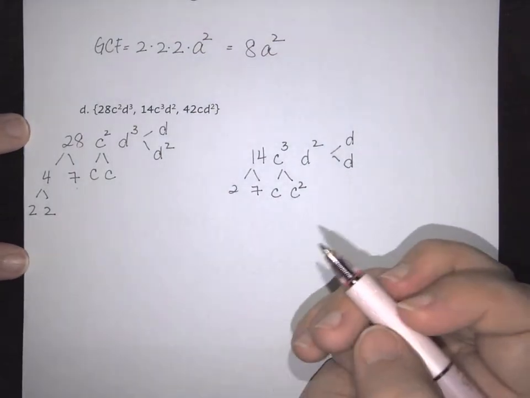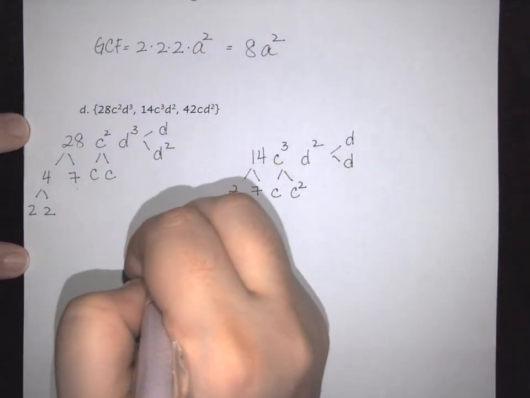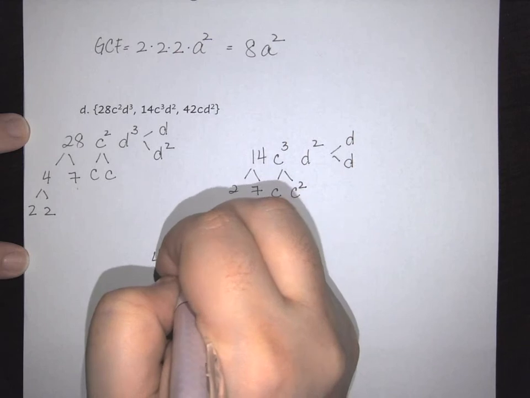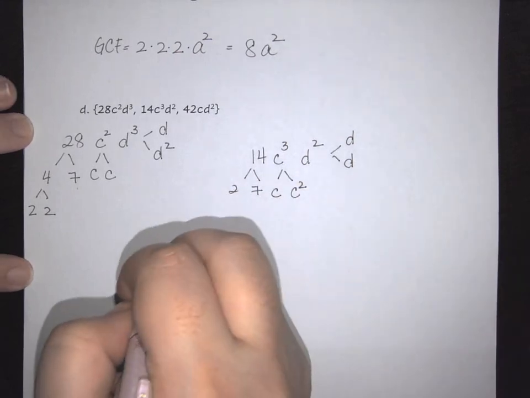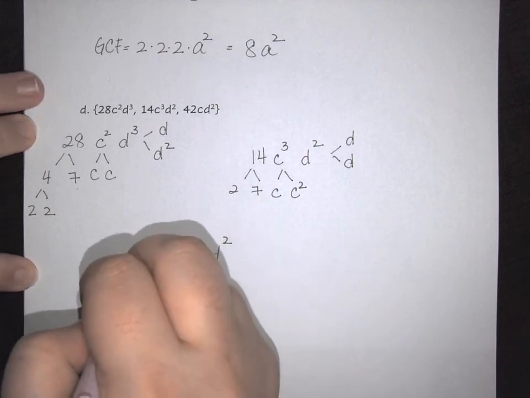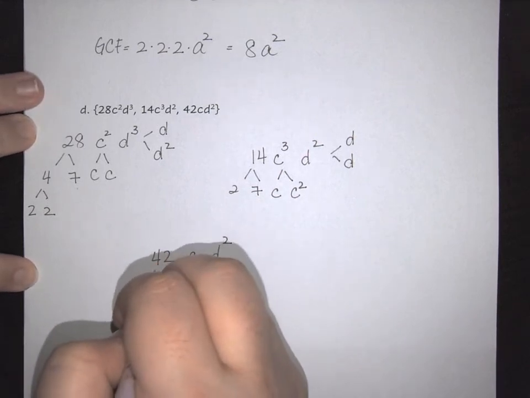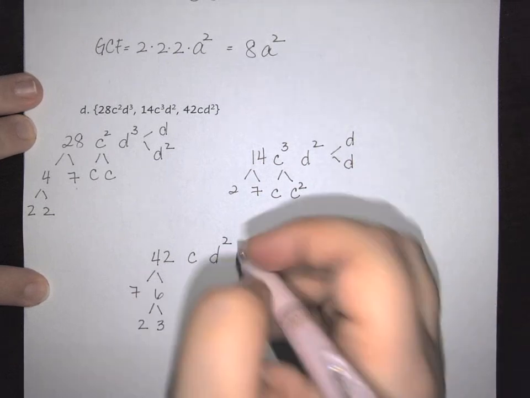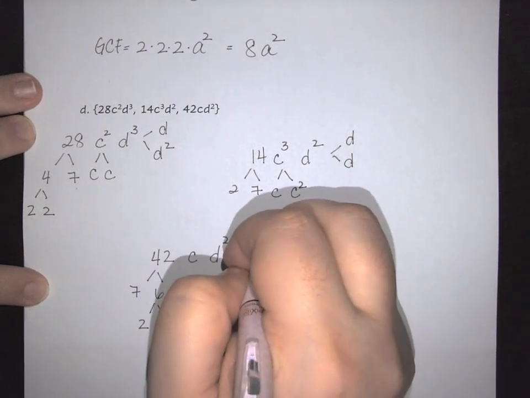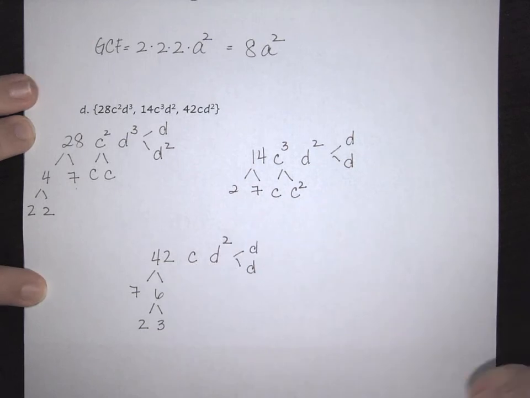And then the last thing that I have is 42c d squared. 42 is going to break down into 7 times 6, and 6 breaks down into 2 times 3. C is totally by itself, but then D can break down into D times D.